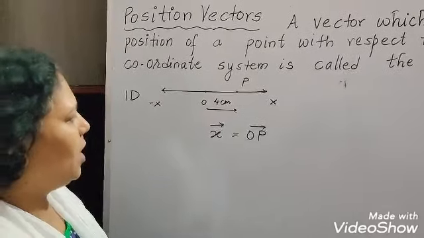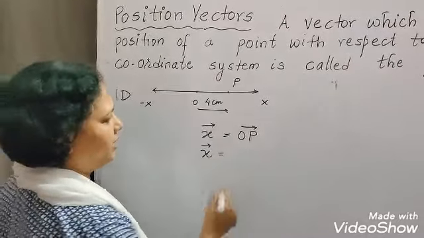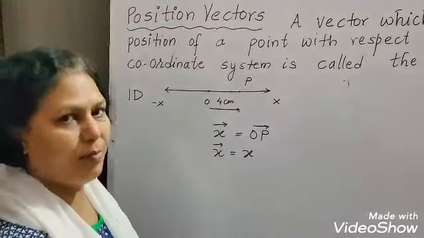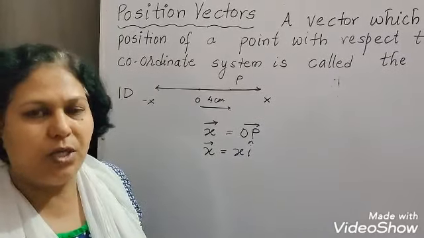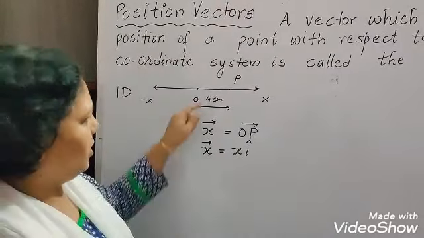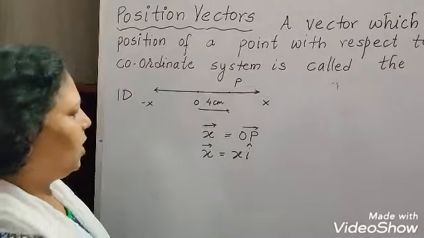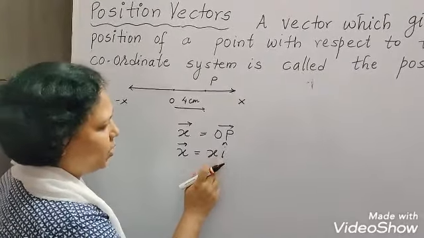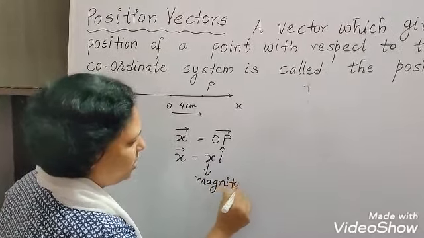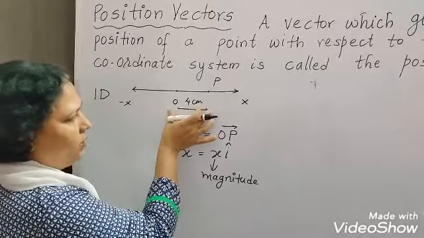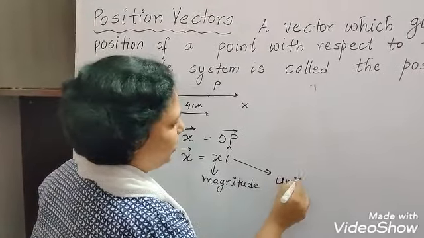Now we know that this x vector is represented as x i cap, where x is the magnitude, simply the length of the line, and i cap is the unit vector along the positive x direction.